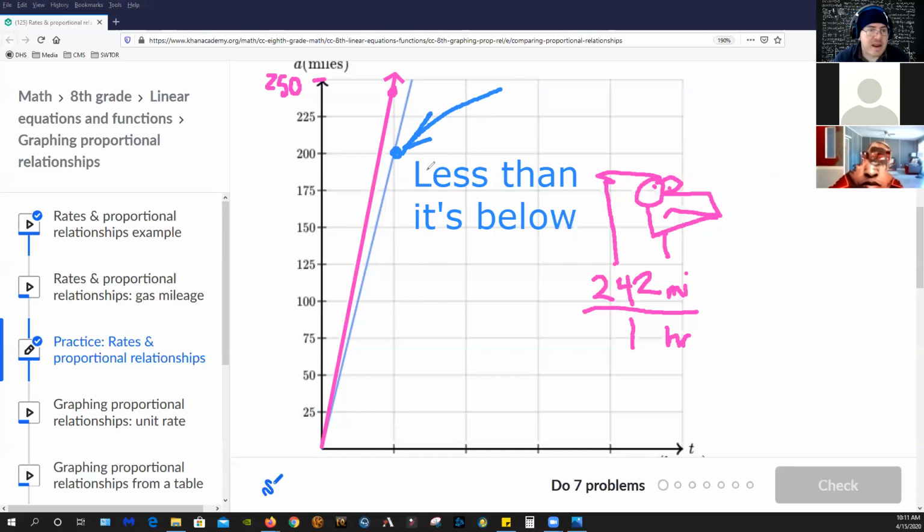That's going 200 miles an hour. That's the distance. That's the time. So if you wanted to compare it in a fraction form or a rate form or slope form, that's how you would do it. But yeah, it's less than because it's below, and it's less than because of this fraction. At 1 hour, it has only gone 200 miles, whereas our peregrine falcon would have gone 242 miles.